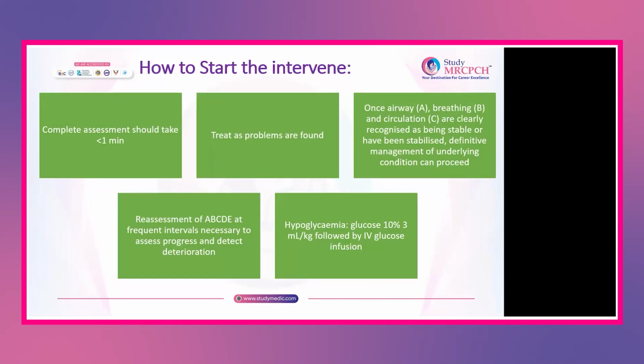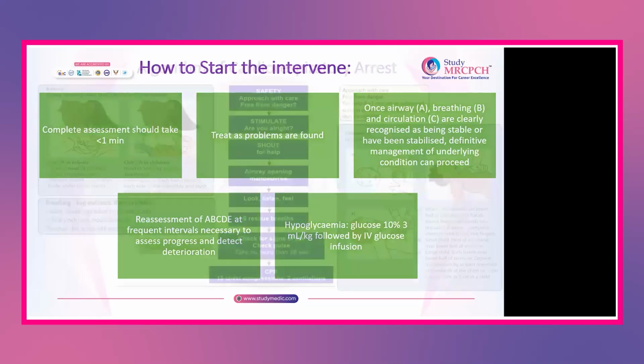We recognize these abnormalities and intervene as needed, giving proper management through stabilization to prevent deterioration. In the meantime, we will not forget to measure the blood glucose and, if there is hypoglycemia, administer 10% dextrose at 3 ml per kilogram, followed by an IV glucose infusion.